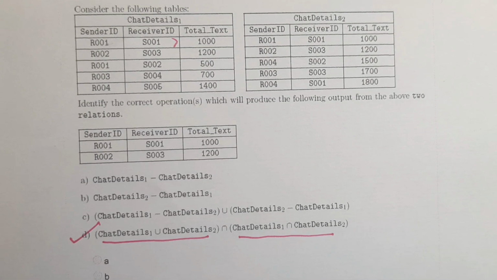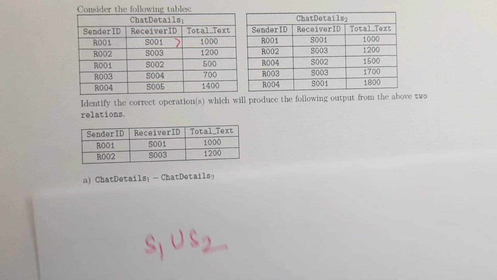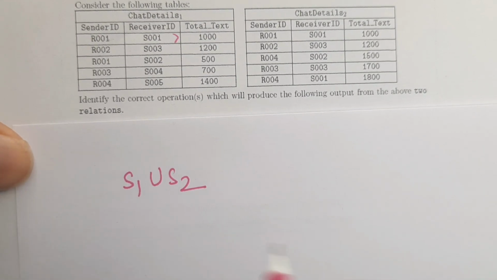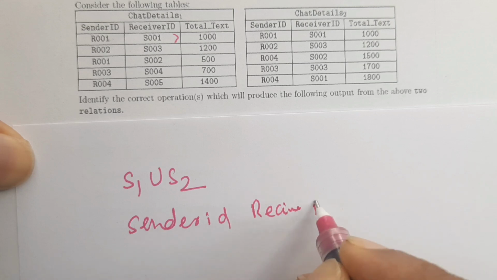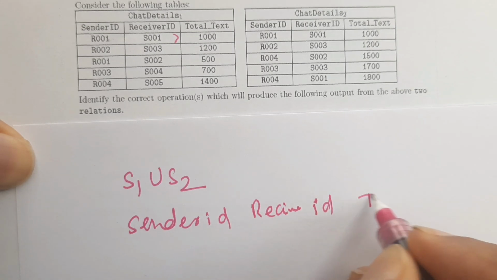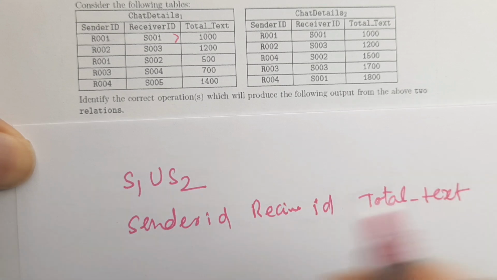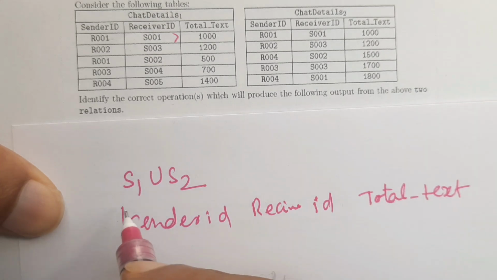We are going to find out chat S1 union S2, then S1 intersection S2. So when you say S1 union S2, what is going to happen? Let us say sender ID, receiver ID, chat total, text. So we are going to have union now.